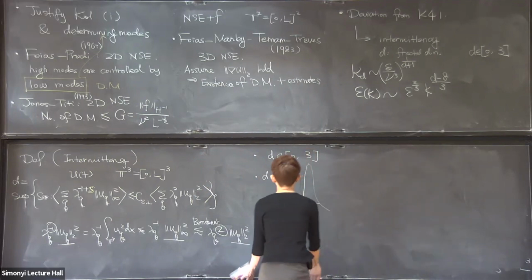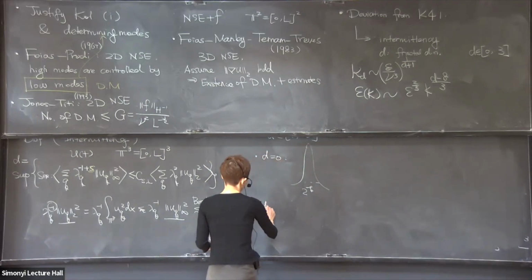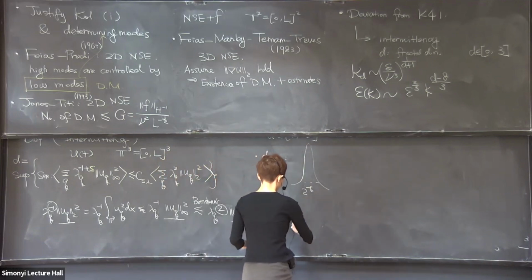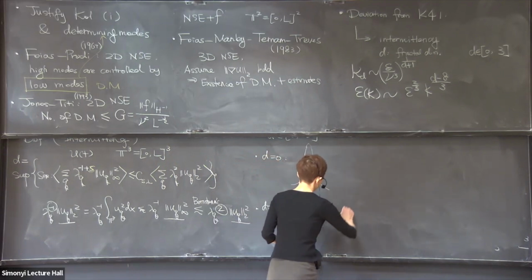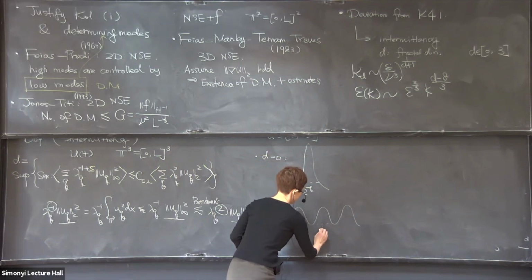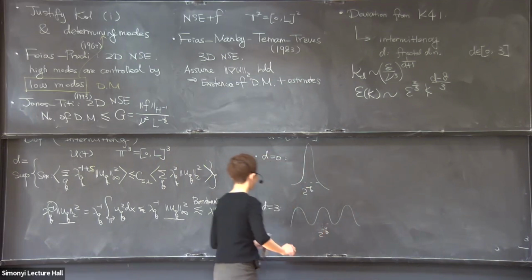When the intermittency dimension is 3, that's the Kolmogorov classical regime. It corresponds to something more smooth, and the length scale is lambda_q, 2 to the negative q.